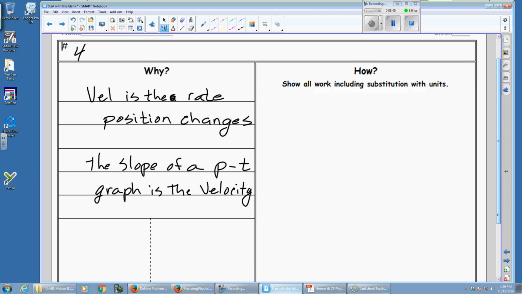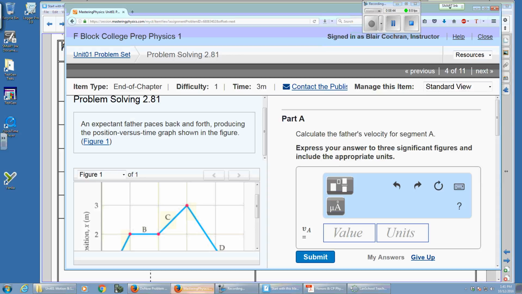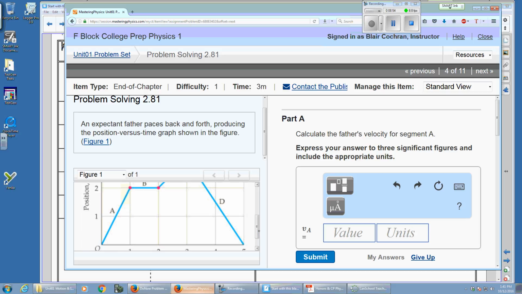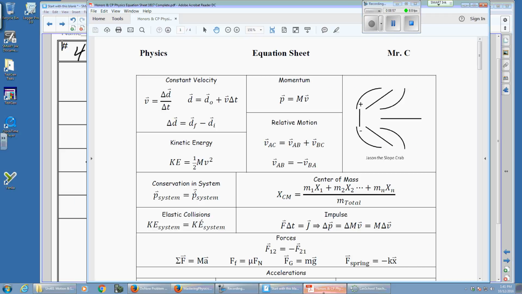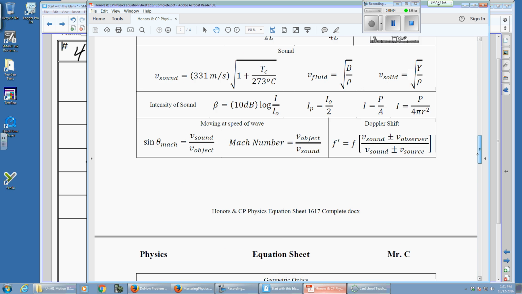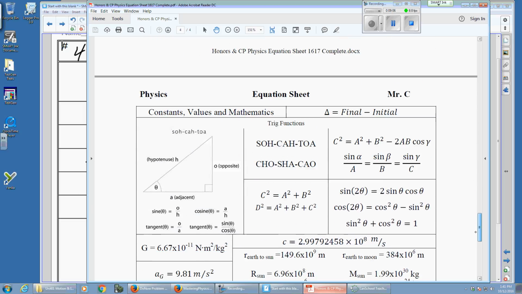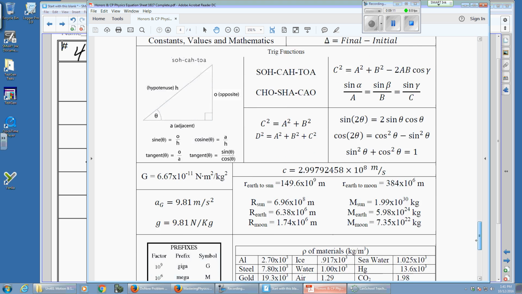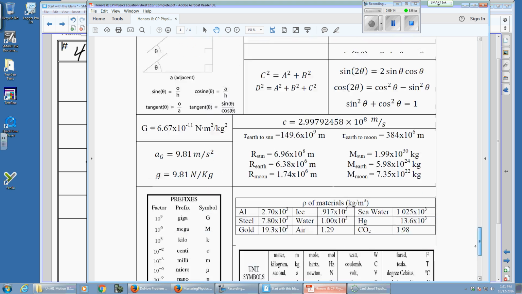So now for doing the Y part of it, the Y part's done, we do the how part. We need to find the slope for part A, part B, and part C. I think our equation sheet has slope on it. Let's see. Nope, I guess it's so general that I expect you to know it.